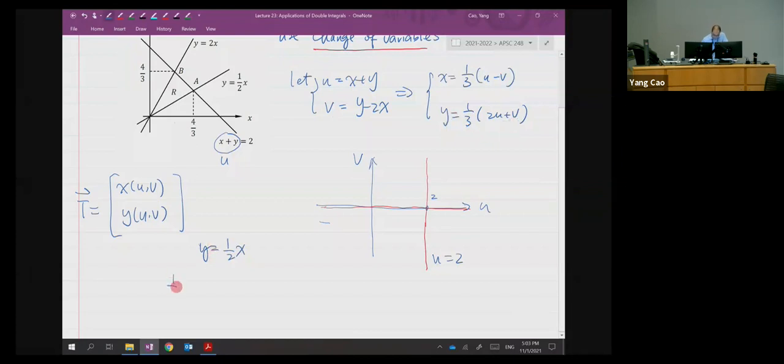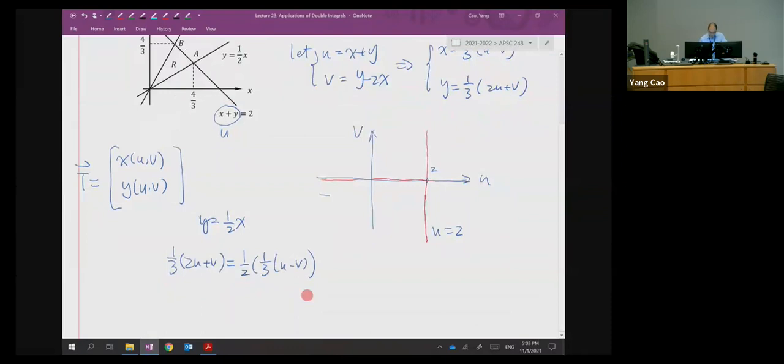So you get 1/3 (2u plus v) equal to 1/2 times 1/3 (u minus v). That's the expression based on the introduction of u and v. Then you can simplify this a little bit, and you get u plus v equal to 0. So the original boundary y equal to 1/2 x in the xy plane becomes a new boundary, u plus v equal to 0, in the uv plane.